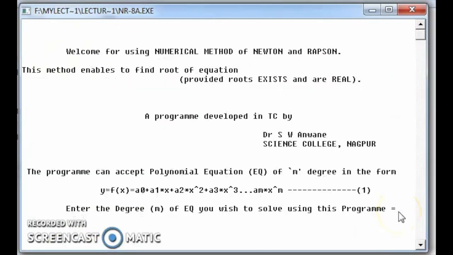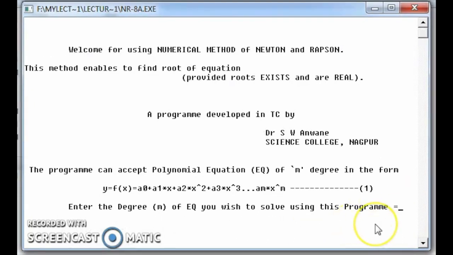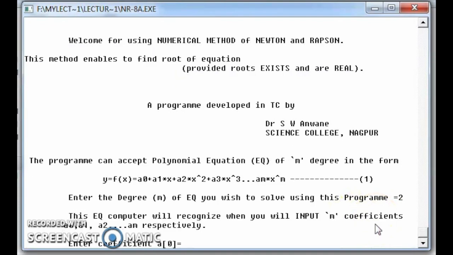Now let us key in the starting point as 12, which is higher than x equal to 9. Sorry, we have entered degree 12. That's a mistake. So friends, degree is equal to 2. A0 is 36.